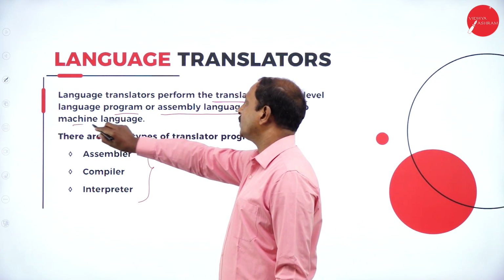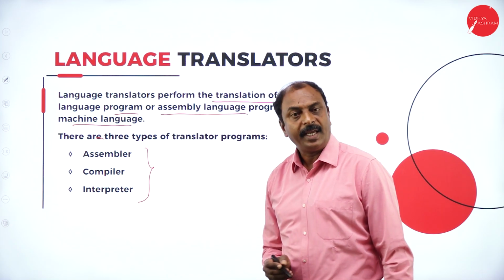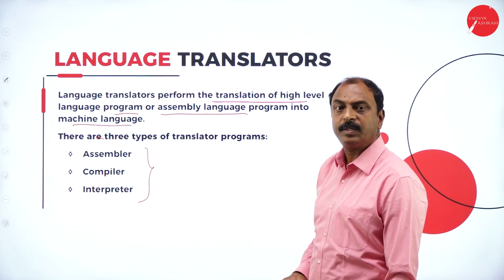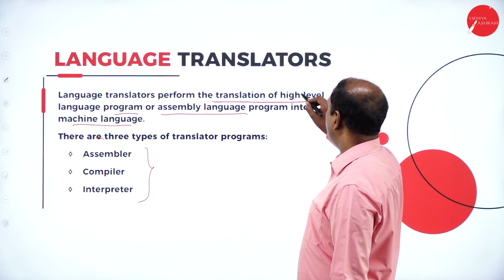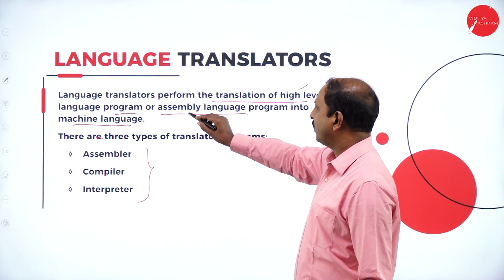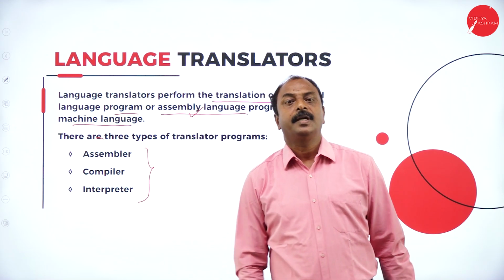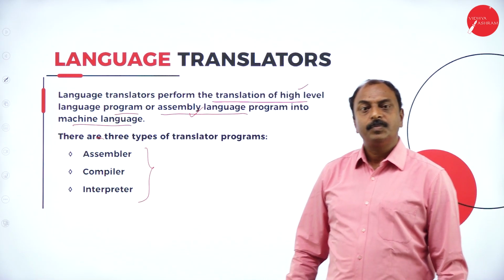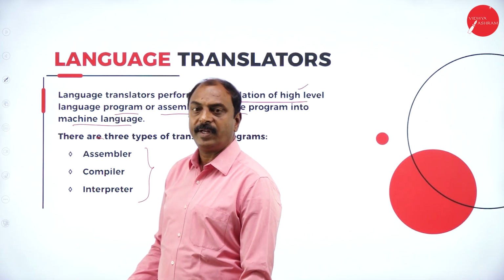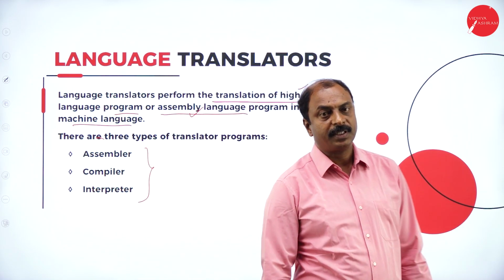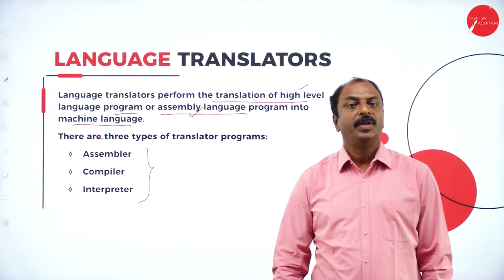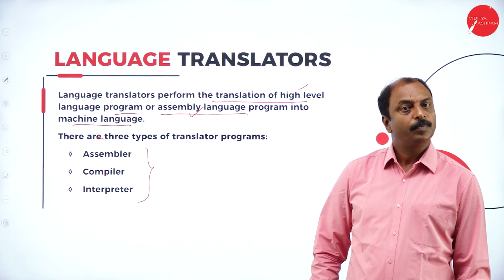So the main function of a language translator is to translate programs written in high level language as well as assembly level language into machine level language, because the computer can understand only machine level language, and assembly level and high level languages are only for the convenience of the user or the programmer.